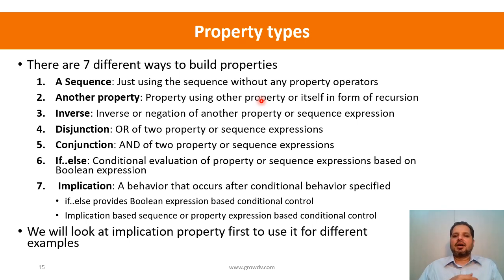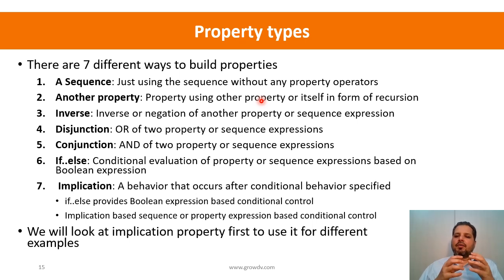check for the false. Then there is a disjunction, which is the or of 2 properties or sequence expressions. And then there's a conjunction, which is the and of 2 properties or sequence expressions. I think the terms disjunction and conjunction are used to differentiate from your typical and or. And then there is an if else type of conditional evaluation of a property or a sequence expression based on a Boolean expression.